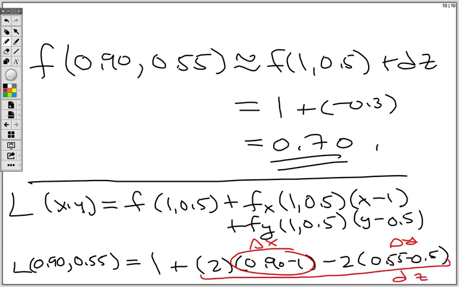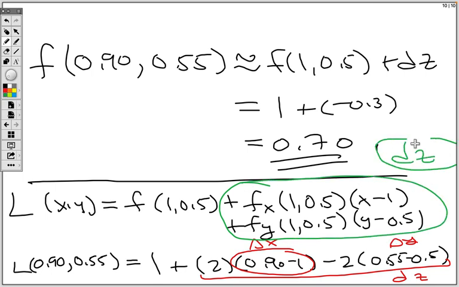You follow? So one of the big things back in Calc 1 I would ask students to pontificate about is how using differentials is just another way to use the linearization. Same thing here. Okay? We're just lumping this entire piece, that's your dz. We're starting at the known value.